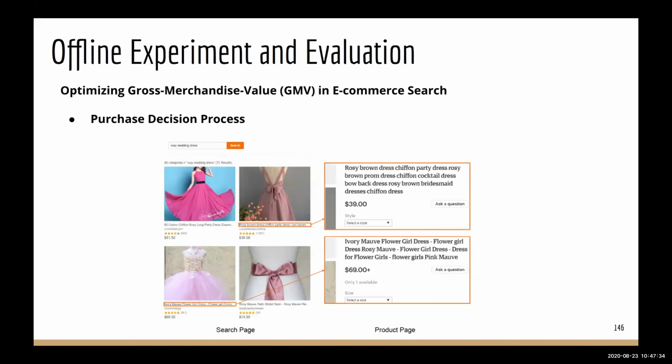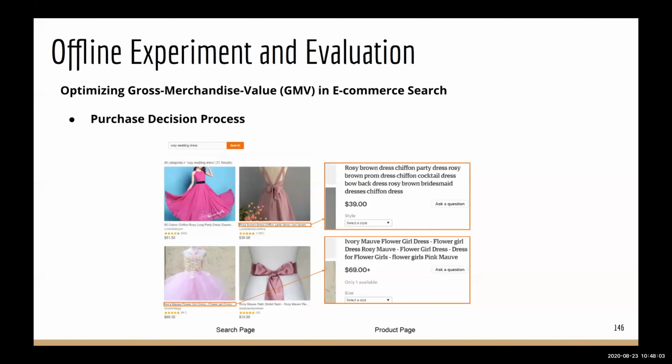Now, for a user to get a purchase, to contribute to the GMV, we can simplify the procedure into two steps. First, they get to the search result page. In this case, they type the rosy wedding dress, and first they need to compare, so on this page, which one they like, and then they click that item.